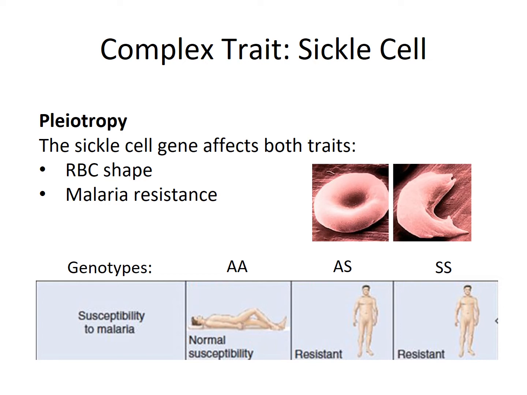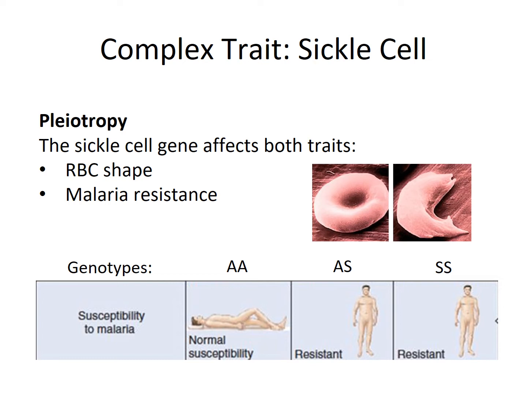The person is either laying down sick with malaria, and malaria is the third leading cause of death among children under age 5. So this is a very deadly illness that, through natural selection, has shaped the human gene pool for many thousands of generations and continues to.